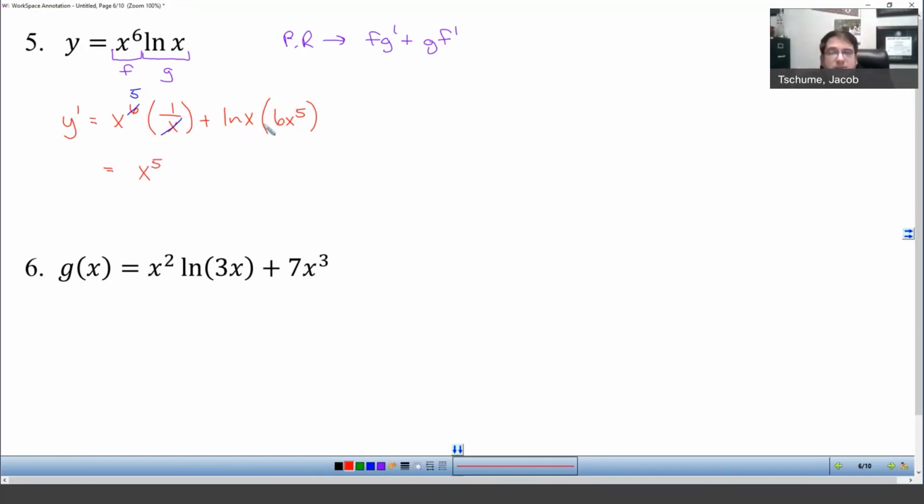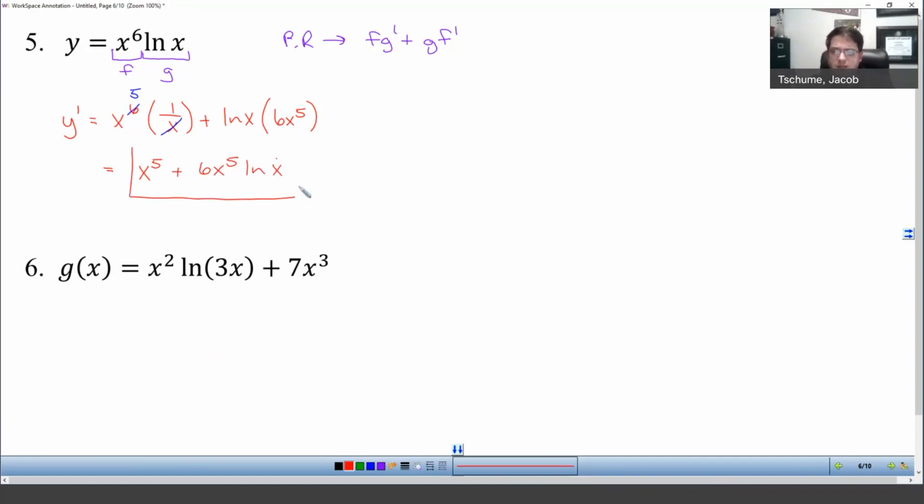Now, a very common mistake over here is that people try to multiply this x and this 6x to the 5th. That is not correct. Remember, this x is the inside of your natural log function, so you can't put these together. All you could do here is bring the 6x to the 5th to the front, and we're going to multiply this by the natural log of x.